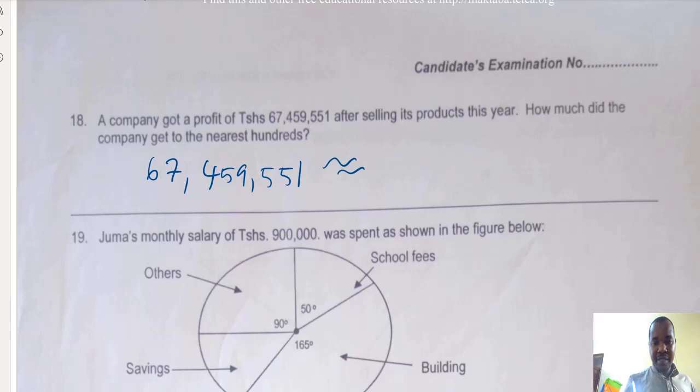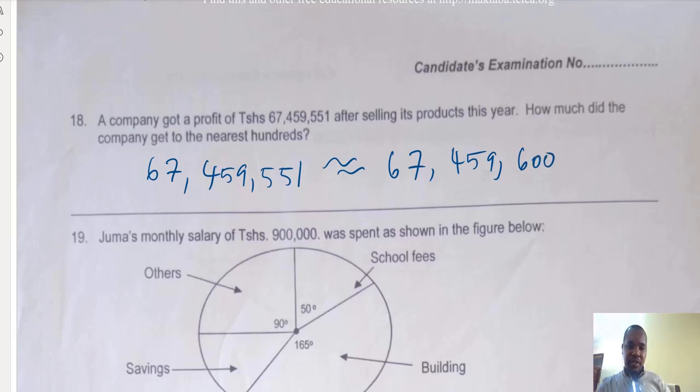This is approximately equal to 67,459,600. It is approximated to hundreds, of course.